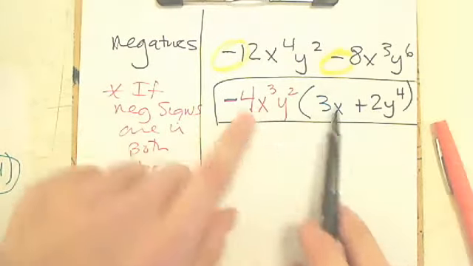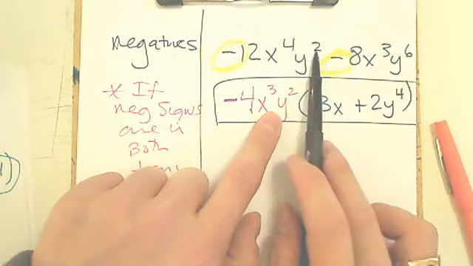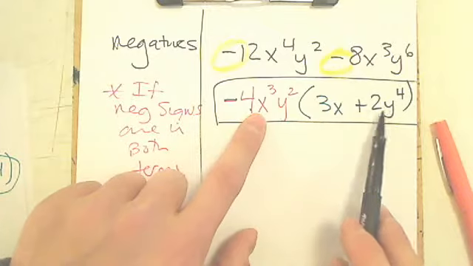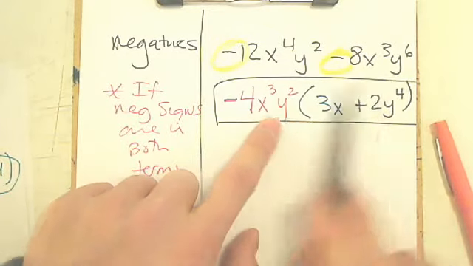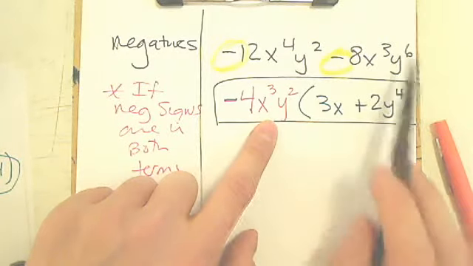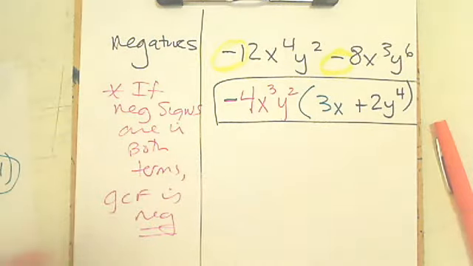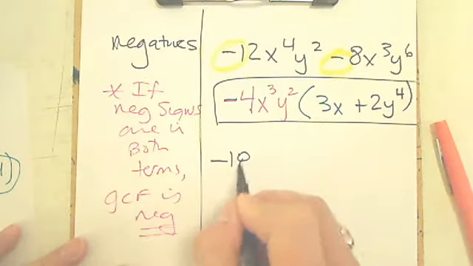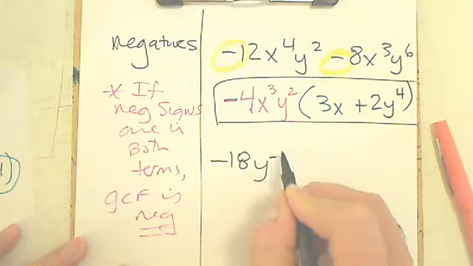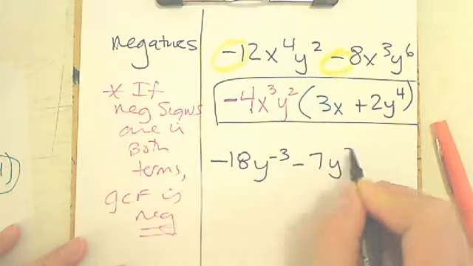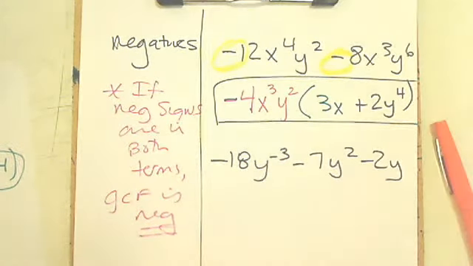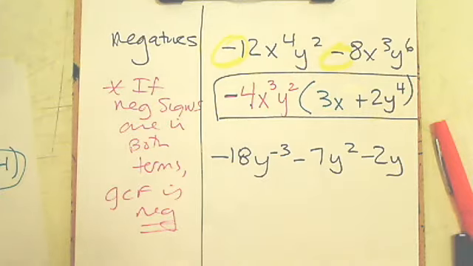Negative 12, x^3 times x is x^4, y^2, negative 8, x^3, y^6. y^2 times y^4 is y^6. Those exponent rules always come back. They will always be present in algebra. Negative 18y^3 minus 7y^2 minus 2y. We're almost done, towards the end here.